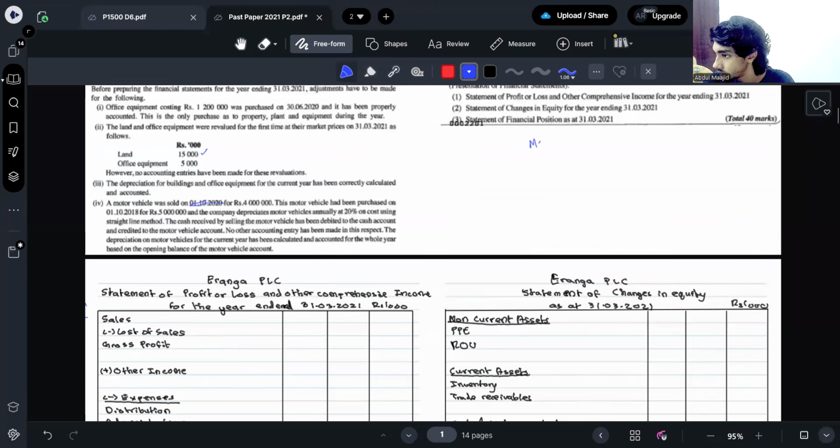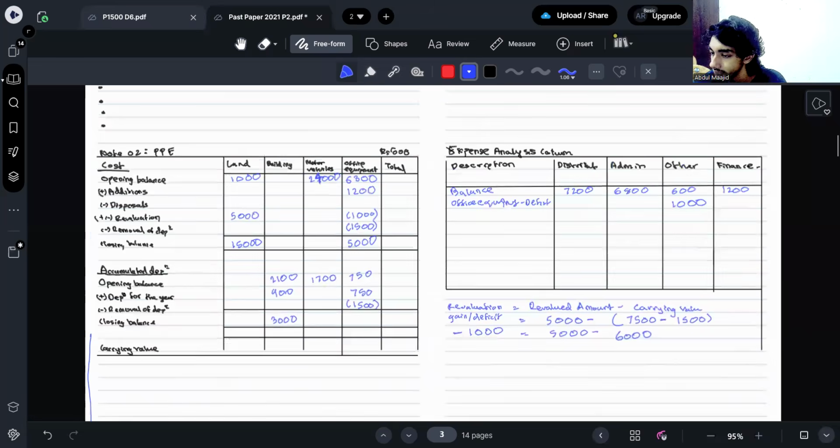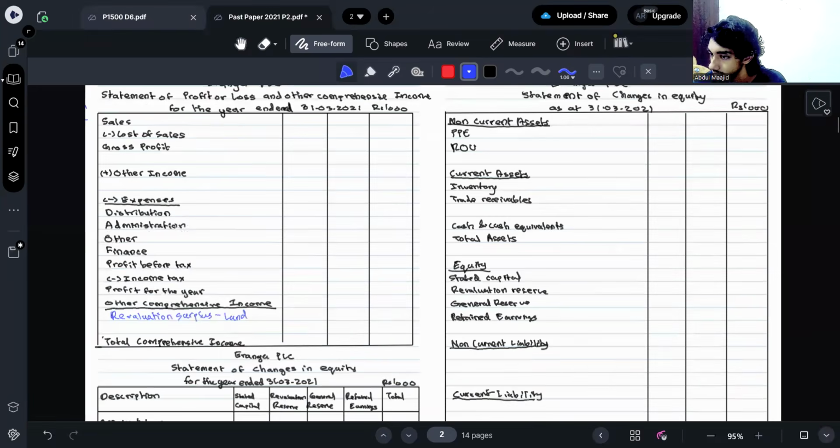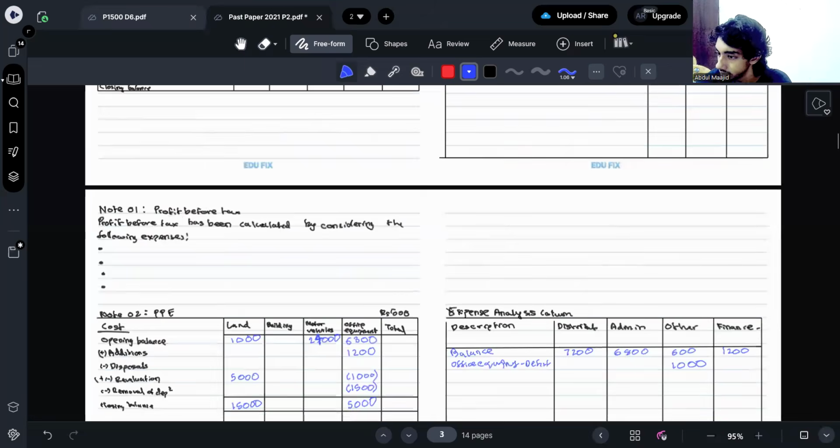Motor vehicle. We have motor vehicle worth 24,000 as at the opening date. Out of that, a motor vehicle worth 5 million we are disposing. So under disposals, you can say 5 million.